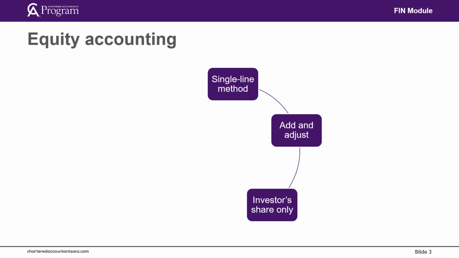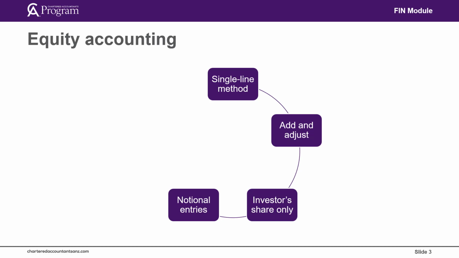Now, the way we approach equity accounting in the FIN module is that we assume the investor is a parent entity and prepares consolidated financial statements. So similar to consolidation journal entries, the equity accounting journal entries are notional entries.